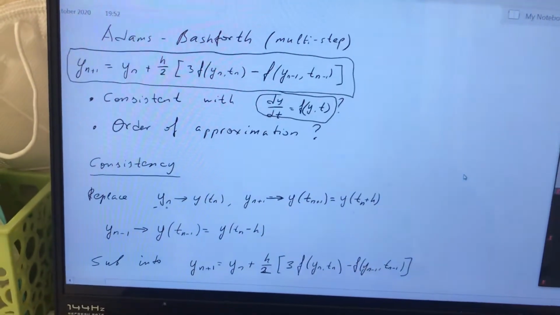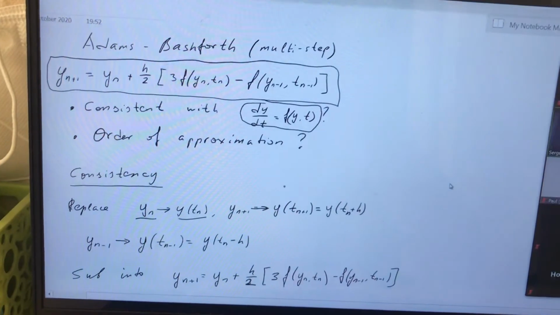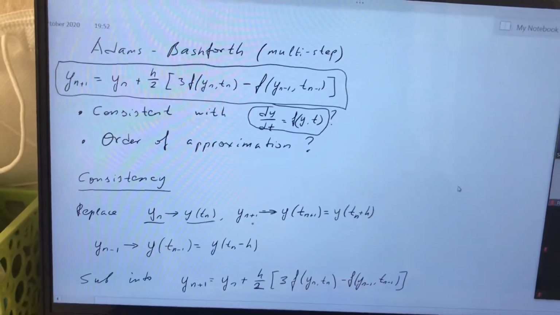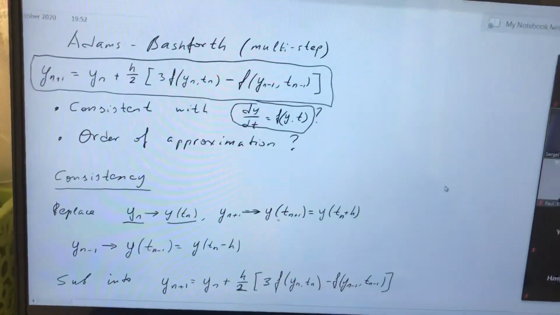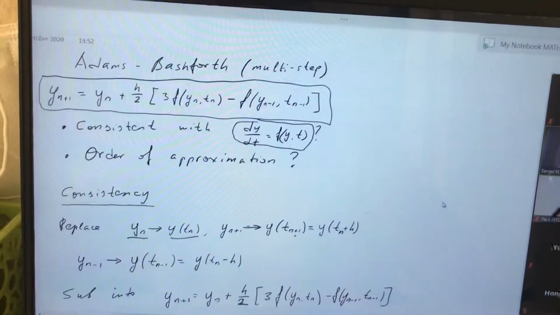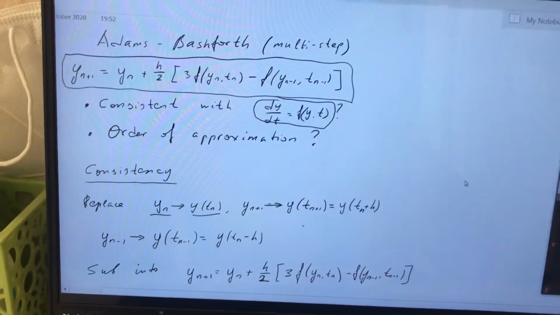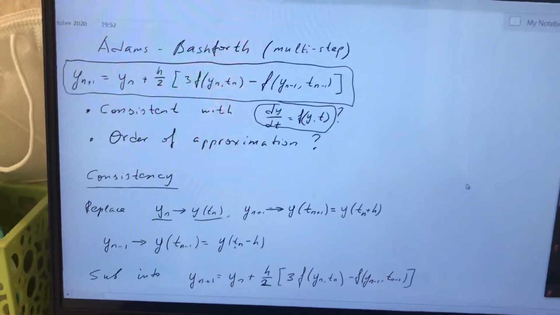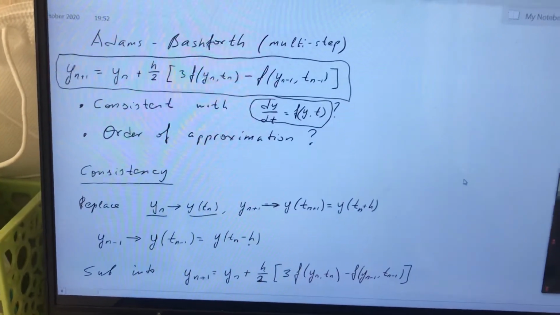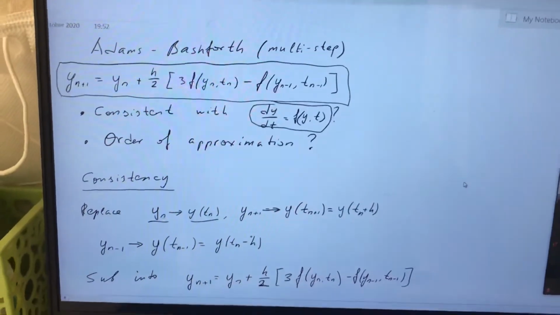So these are discrete, these are continuous. Now y_{n+1}, by the same principle, gets replaced with y at t_{n+1}, which is y at t_n plus h. y_{n-1} will be y at t_{n-1}, which is y at t_n minus h.